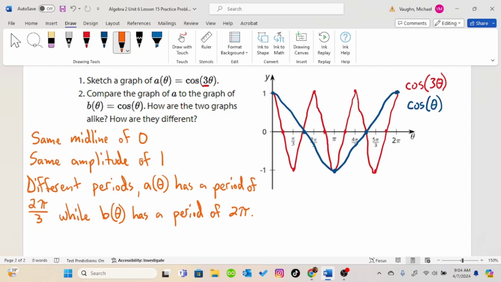The only difference is what we are multiplying the angle by, and what we multiply the angle by tells us how many full cycles happen within 2 pi.